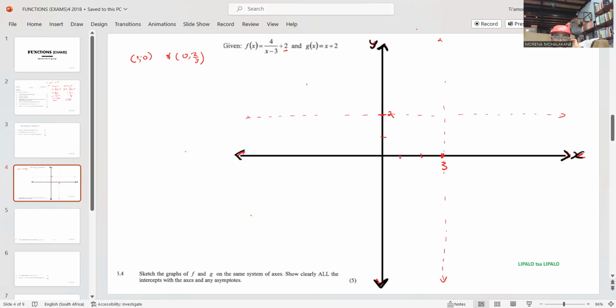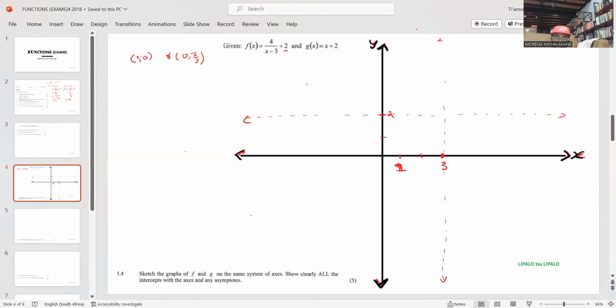Those are my asymptotes. I know the shape because A is less than 0. A is negative. That's when I have something like this. When A is positive, I have something like this. That's for the shape. So the intercepts: here's my 1.